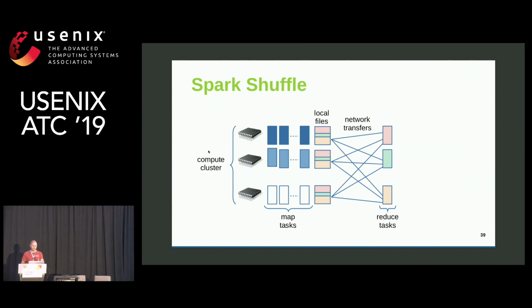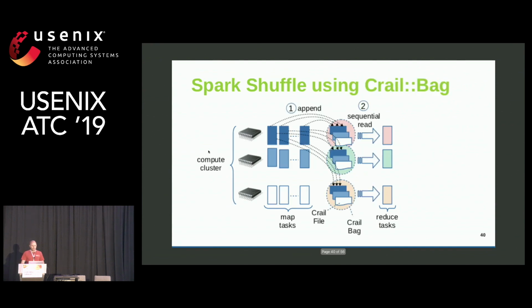The map tasks get data and partition it into multiple buckets, shown with multiple colors in this case. Once the map phase is finished, the reduce phase consists of a set of reduce tasks where each reduce task is assigned to one bucket and fetches all the data of that bucket. Using the Crail bag abstraction, we can model such a shuffle operation easily by assigning a partition to one bag.